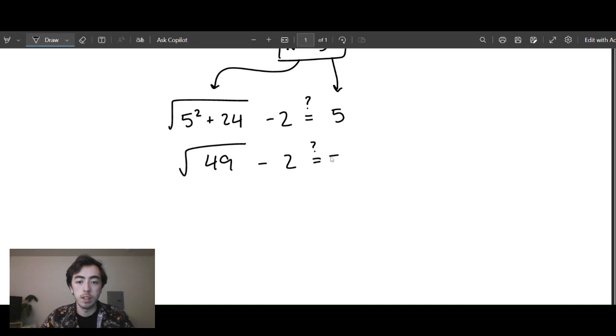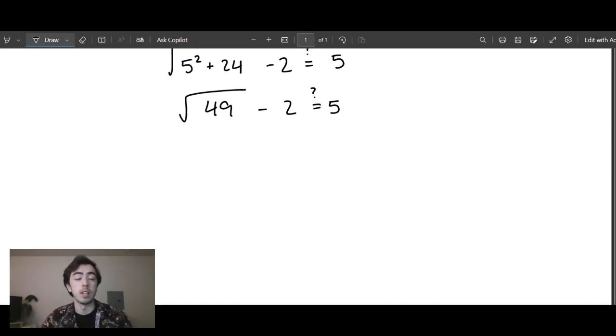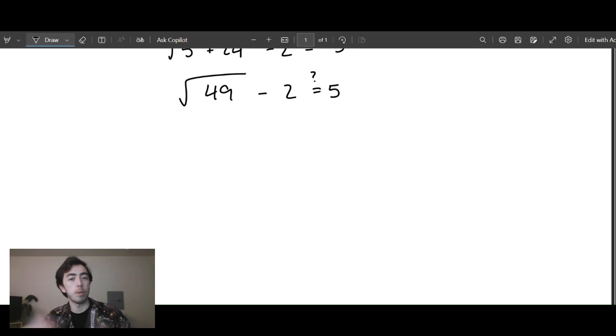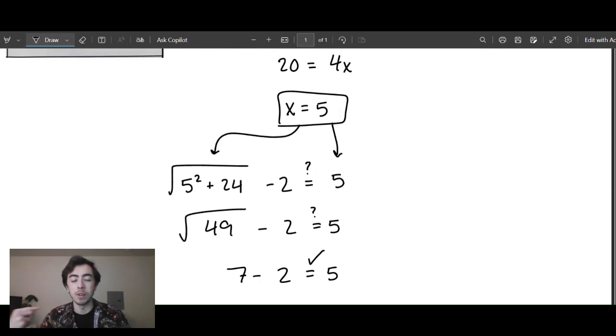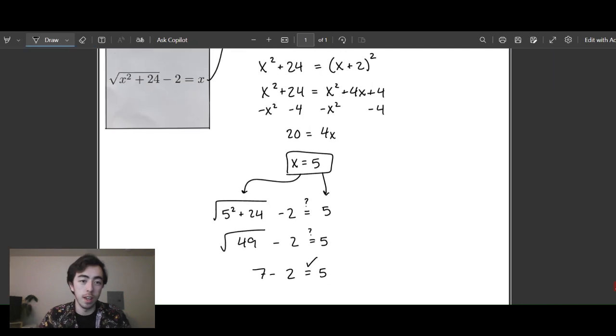And then the square root of 49 is 7. That's because if you work backwards and do 7 times 7, you get back to 49. And at this point, it is abundantly clear to me that yes, indeed, 7 minus 2 is 5. And that confirms my result from earlier that yes, x should be 5 today.